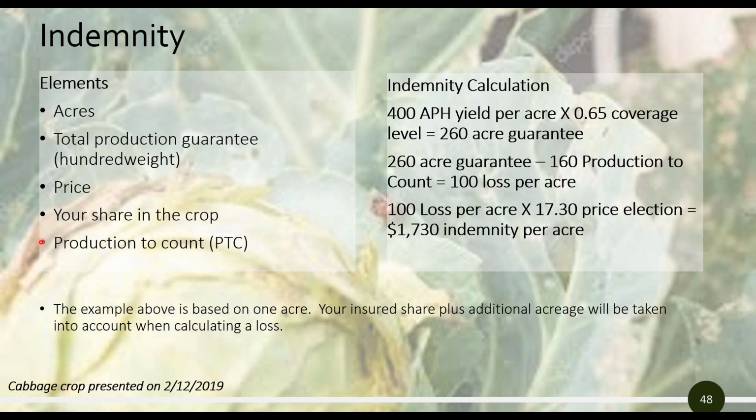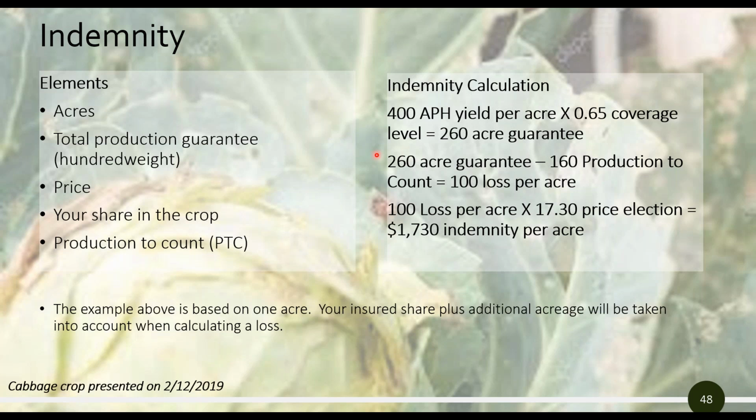So let's go through just a real quick and easy indemnity calculation. In this example, we have 400 APH yield, and remember that's 400 hundredweight, times your coverage level of 65%, and that gives us the 260 acre guarantee. Now remember, we already figured this on a previous slide when we were discussing guarantee, liability, and premium.